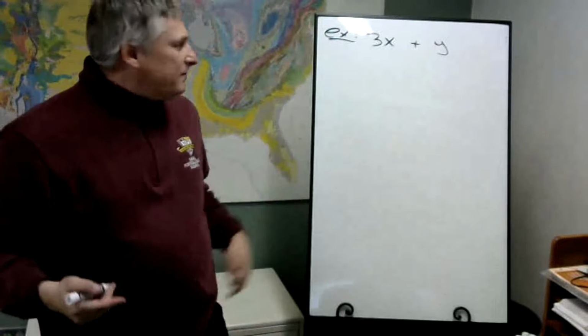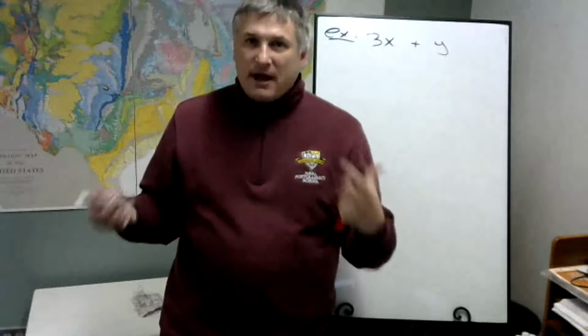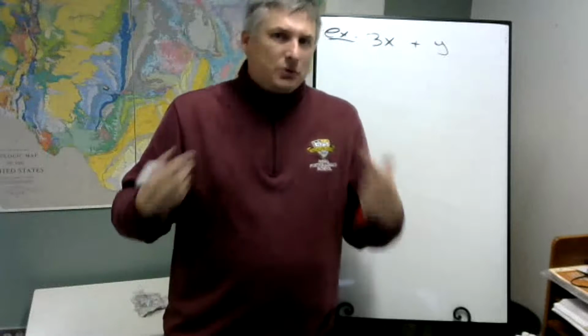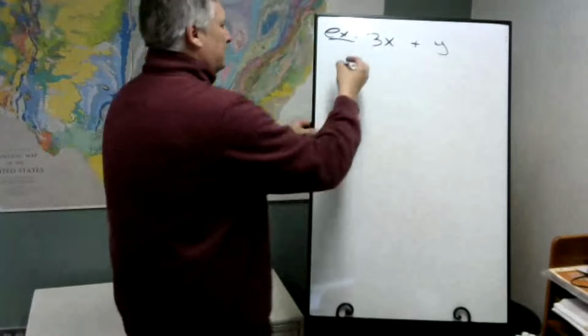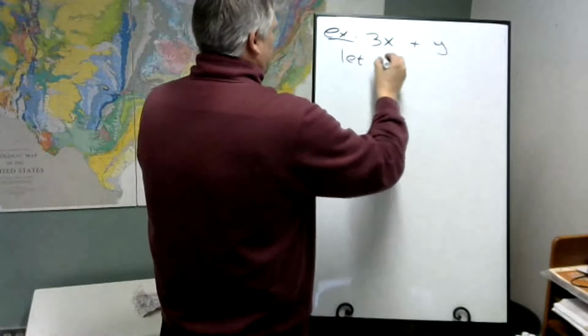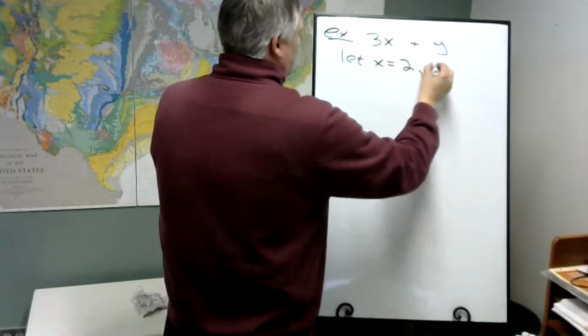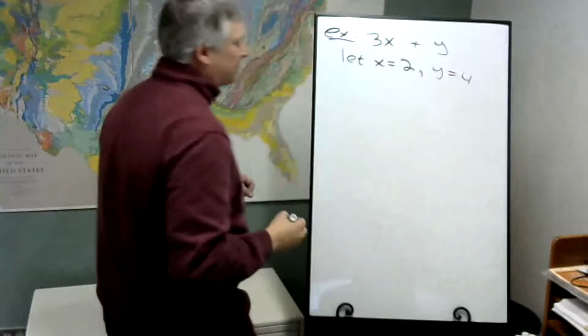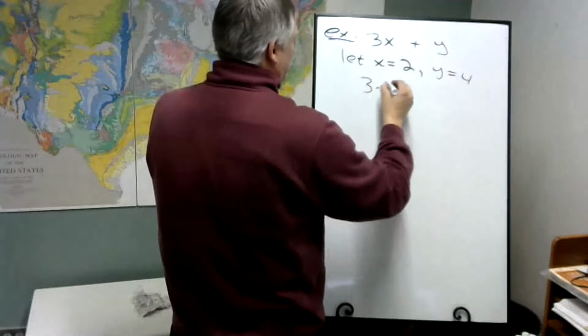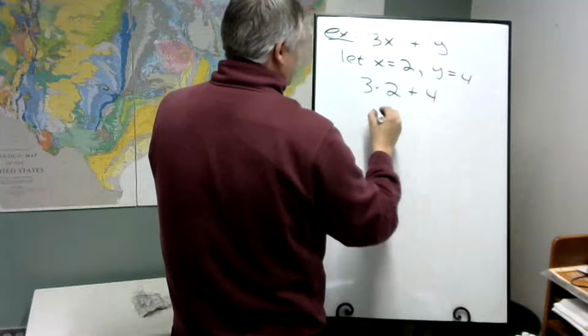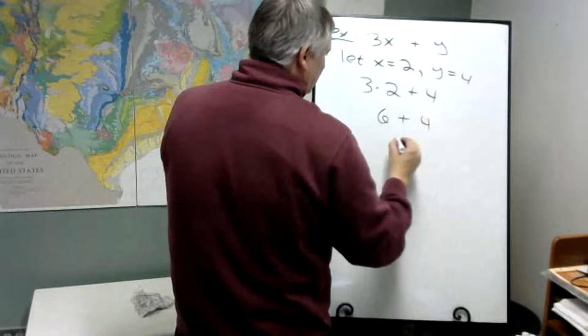Now remember, we gave this expression or something like it a value. We choose a number for x, we choose a number for y. So for example, let x equal 2, y equal 4. So we get 3 times 2 plus 4, or 6 plus 4, or 10.